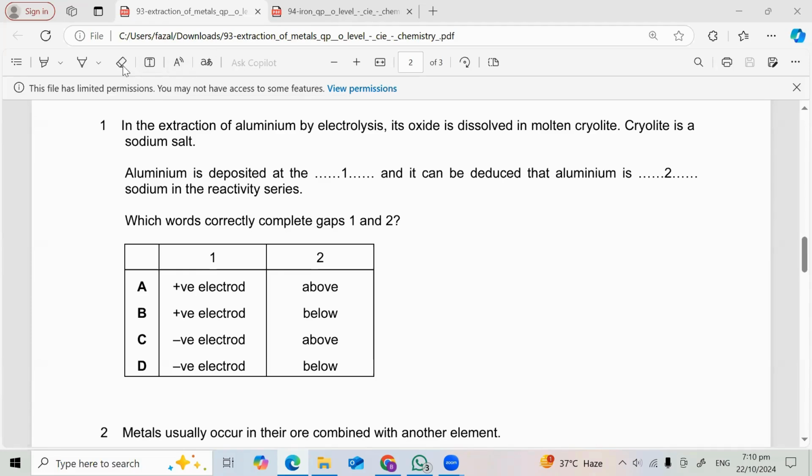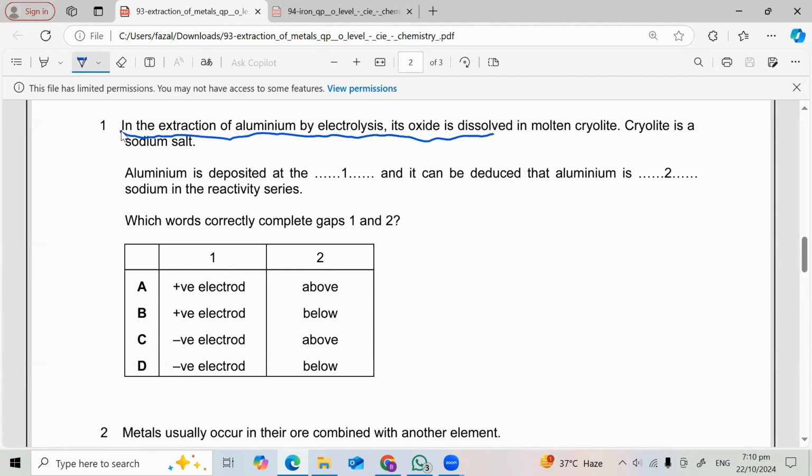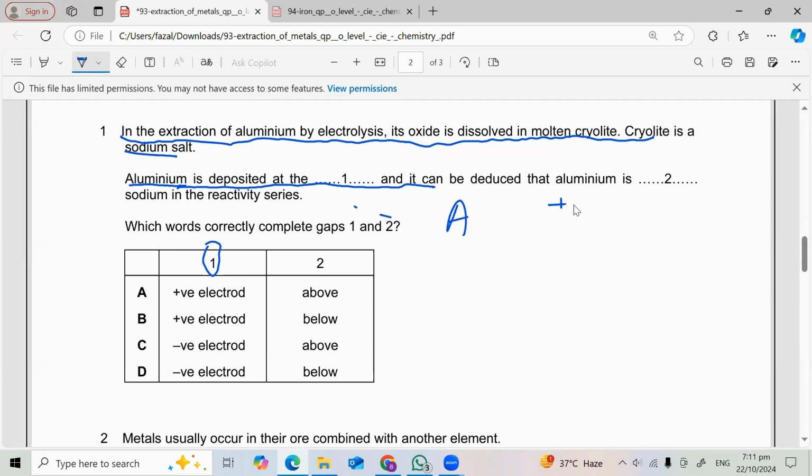In the extraction of aluminium by electrolysis, its oxide is dissolved in molten cryolite. Cryolite is a sodium salt. Okay. So now the question is aluminium is deposited at the dash. So as we know, aluminium has a positive charge, right? Three positive charge, right?